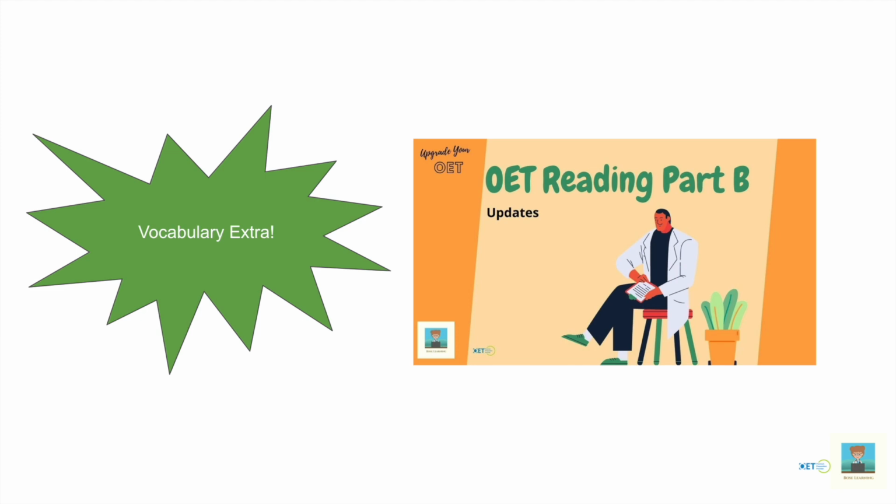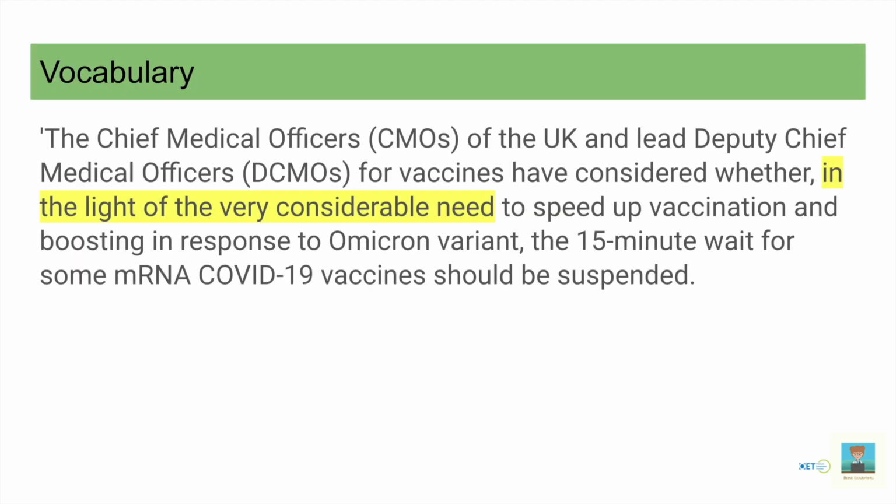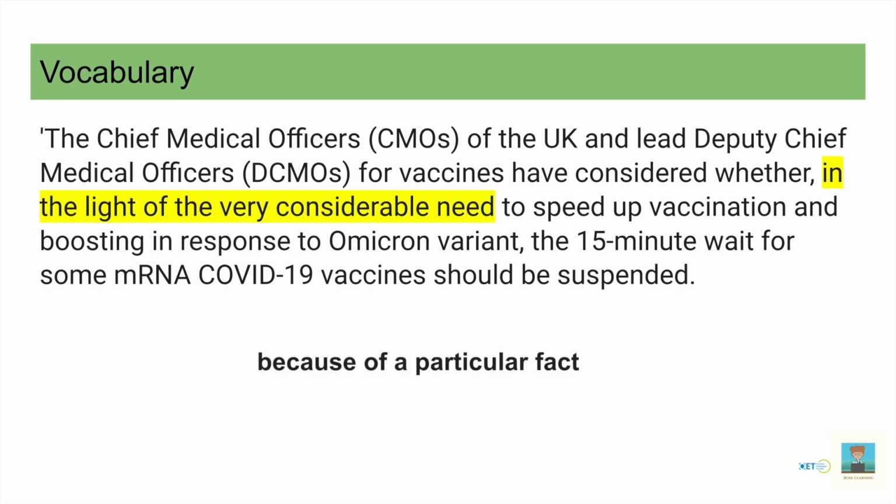Okay, a little bit of extra vocabulary then, just to look through. What does this mean? What does the highlighted phrase here mean? So in light of means because of a particular fact. So because we need to speed up the vaccination program, they have decided to suspend the 15-minute wait.